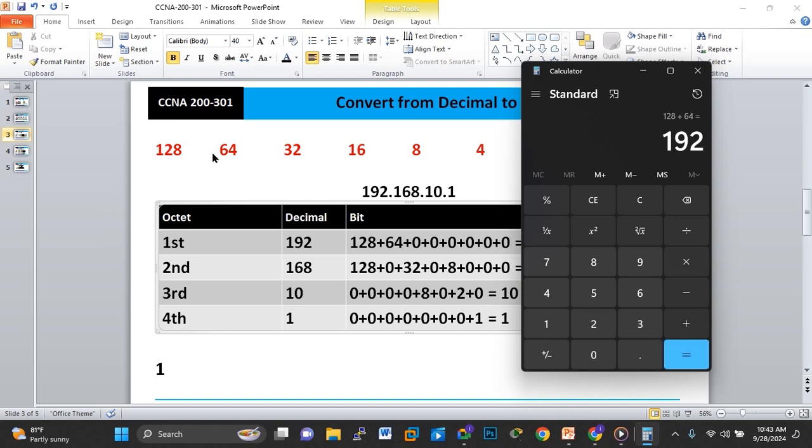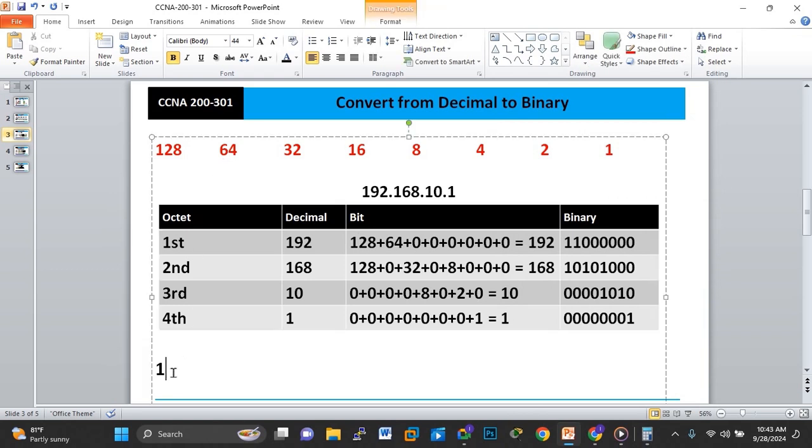If we add these two bits, they give us 192, so this bit is also supposed to be on. Now you can see 192: 128 plus 64 gives us 192. We don't need to add anything more because we already have the 192. So the rest will be 0, 0, 0, 0, 0, 0, six zeros.